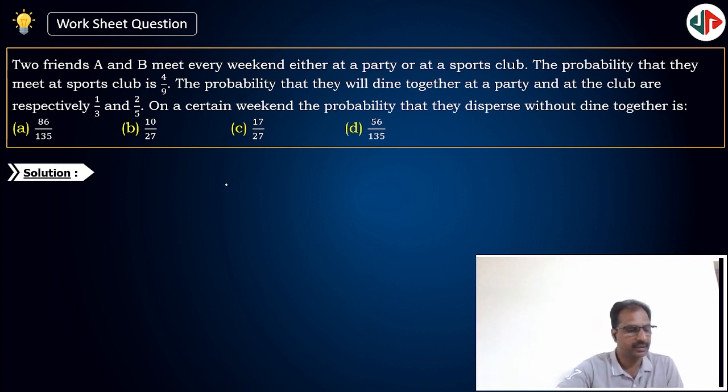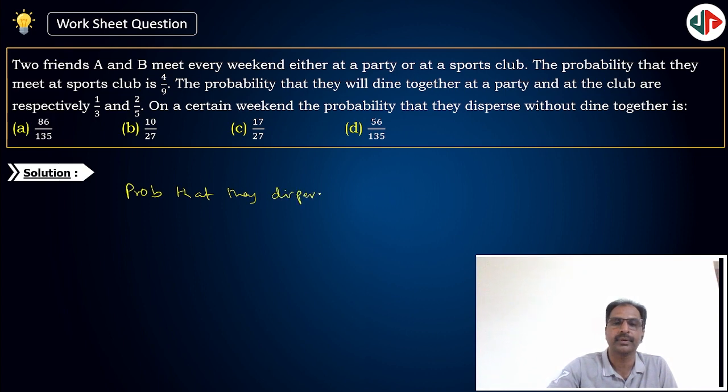The probability that they will dine together at a party and at the club are respectively 1 by 3 and 2 by 5 on a certain weekend. Probability that they disperse without dining is dash.